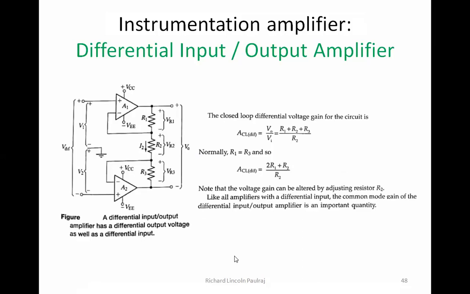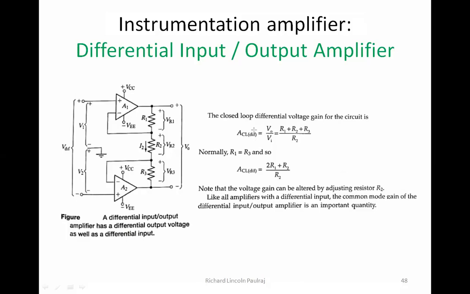Now we will look at the closed loop and how it is going to work. The closed loop differential voltage gain for the circuit is ACL, the closed loop gain, and DIF, that is differential. When I say differential, it means I am giving two types of inputs, and there is going to be a difference between both of them across the output, just like how we have V1 here and V2 here.